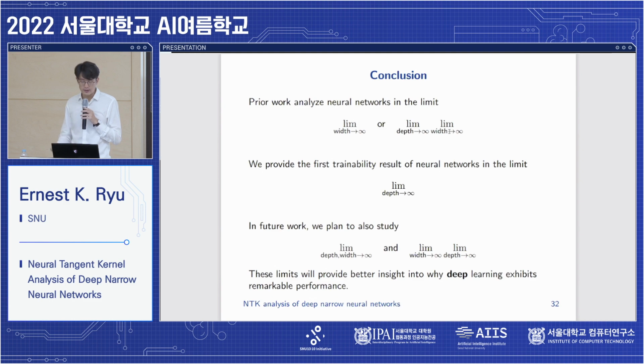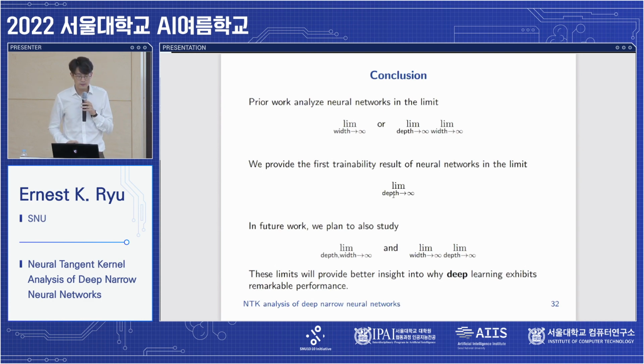In our work, we provide the first trainability guarantee for neural networks in the limit in which only the depth becomes infinite. For our results, the width is bounded. It's fixed, basically the number of inputs plus the number of outputs, and then only the depth becomes infinite.